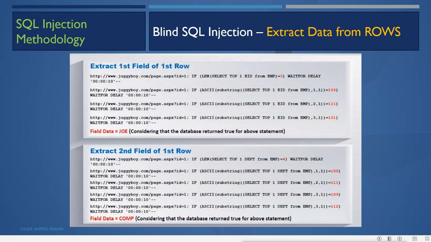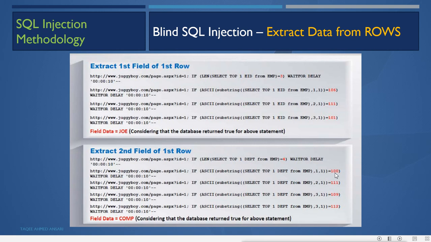For extracting the first field of the first row, the attacker will use these queries with these Unicode values of the letters. Like if the first field is Joe, these queries will return true because 106 is J, 111 is O, and 101 is E. Same for the second row, here it is adding the first row name, that the first row is this.